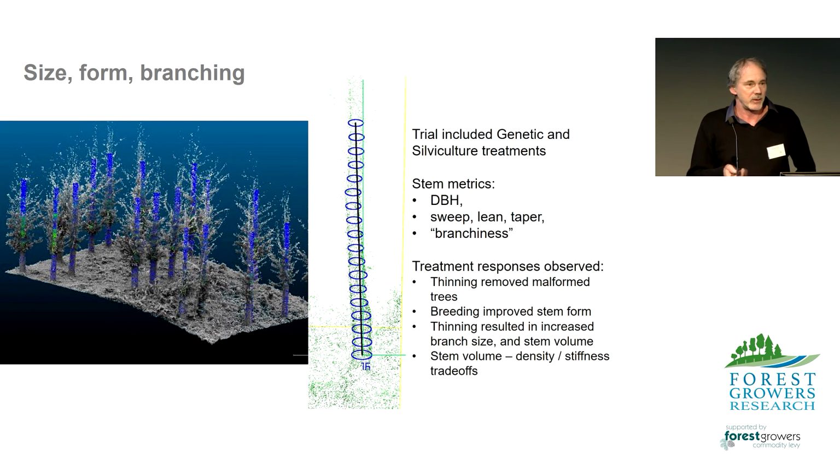John usefully covered some of the detail on that. I would really just summarise to say that in that trial, which represented genetic and silvicultural treatments, we observed responses, and the correlations between these metrics and the ground measures, and the sorts of things we'd expect, all made sense. So I'm really heartened that these are going to be very useful measurement techniques.